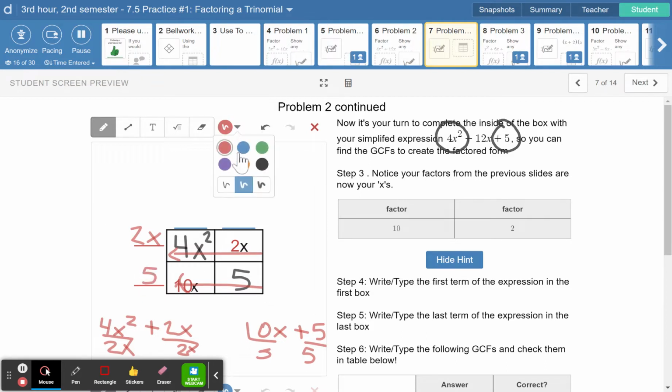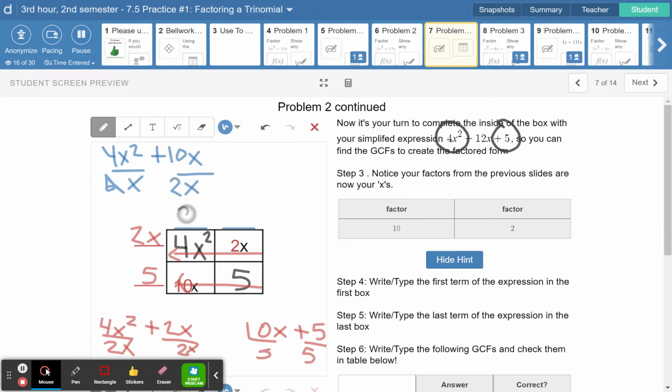Now we get to do the columns. Four x squared and 10x. Remember, they both share an x, and the biggest number that they share is a 2. And then here, the greatest number that 2, x, and 5 is going to be a 1, a positive 1.